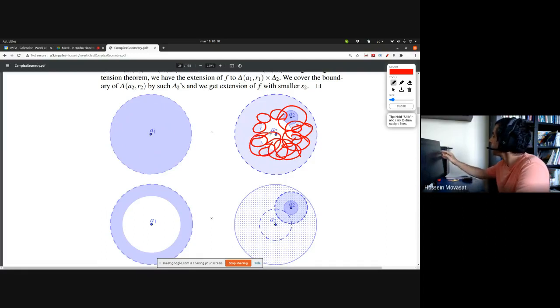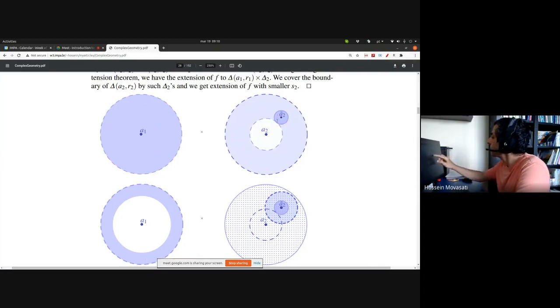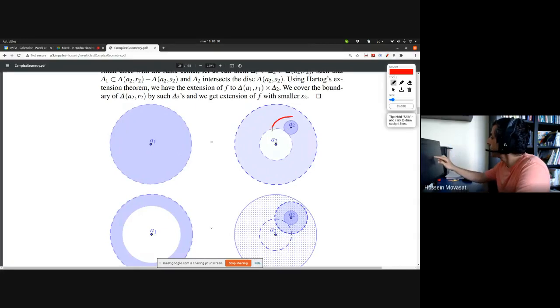At the end of the day, I will realize that this white region can be made smaller, and each time the extension will go further inside the white region, and I will get the extension.